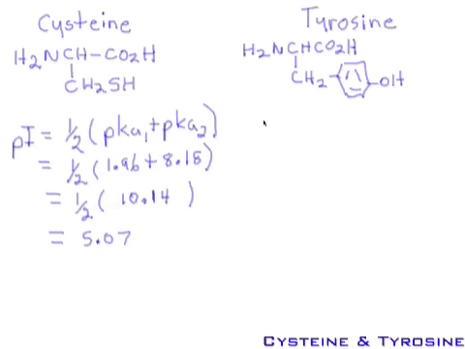Let's try the isoelectric point for tyrosine. Okay. Tyrosine also starts with 1+ species, so the zwitterion is after pKa1, so we have to use 1/2 pKa1 plus pKa2.